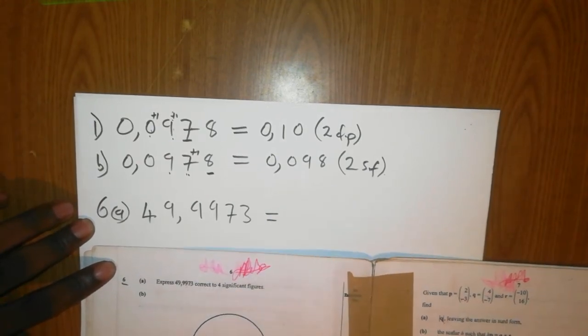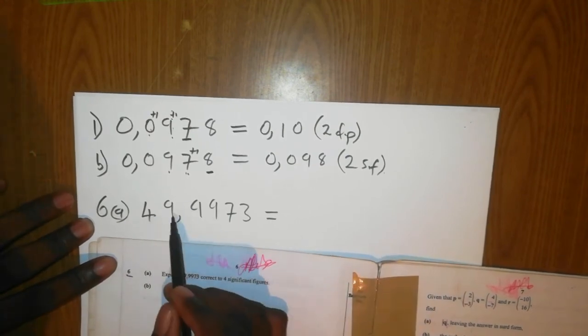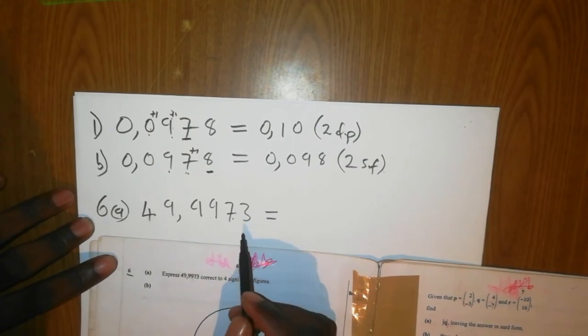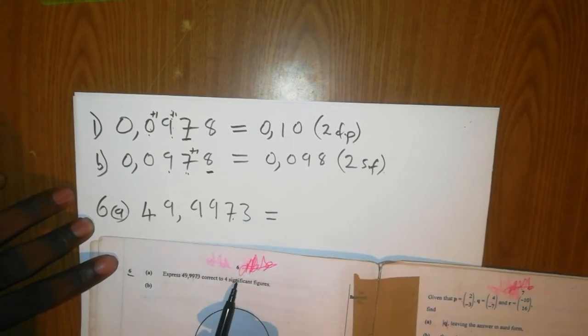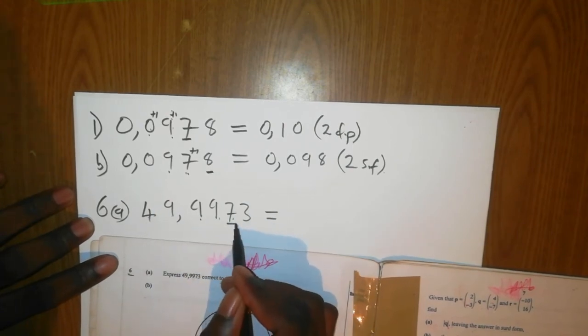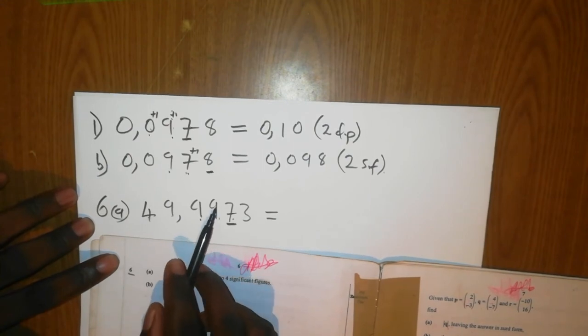First of all, we have to determine how many significant figures we see there. It's 1, 2, 3, 4, 5, 6. So our number has 6 significant figures. Let's convert it to 4 significant figures. We count 4 digits: 1, 2, 3, 4. So we're going to look at the 5th digit. What you have to understand here is that we've got triple nines.